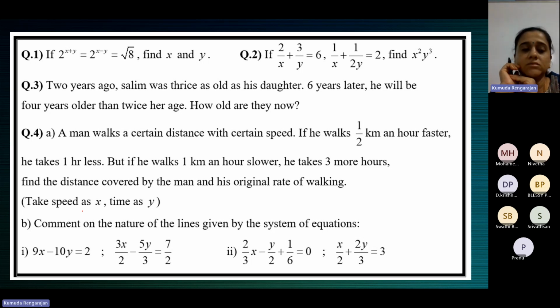Online children, ready with the equations for the fourth question, 4A? Okay.